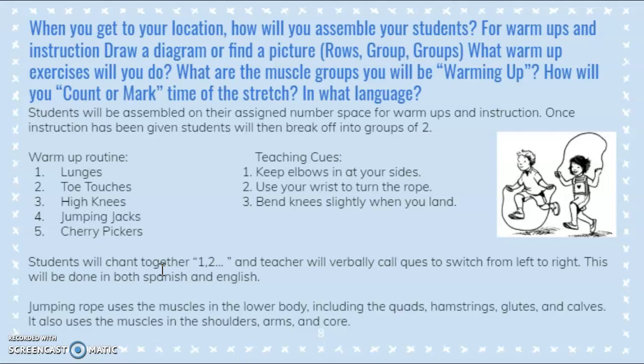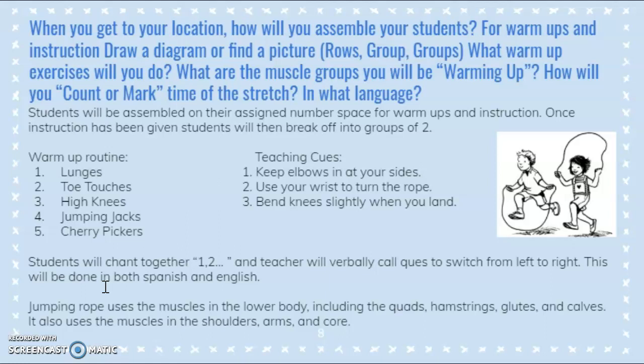And so the teaching cues will be keep your elbows in at your sides, use your wrists to turn the rope, and bend knees slightly as you land. And there are steps to come with that as well in the next couple slides. And students will chant together like 1, 2, 3, counting out loud as they do their warm-up routine, and the teacher will verbally call the cues to switch from left to right.